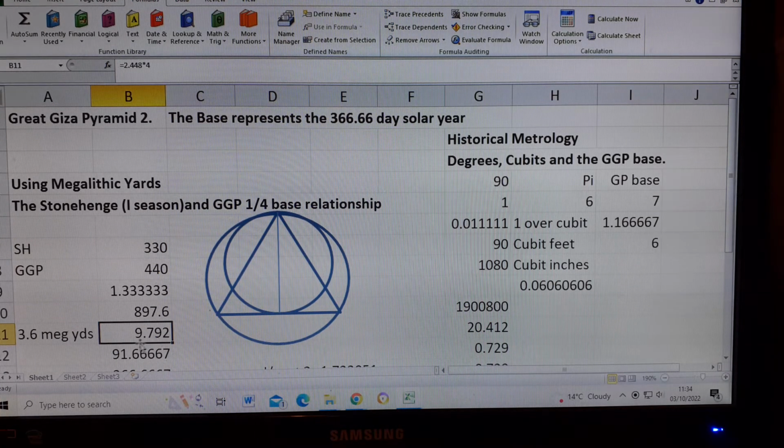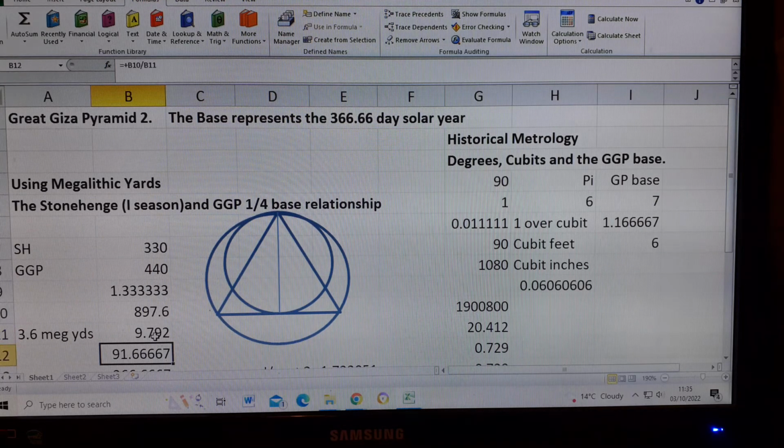And that's 9.792 feet. So let's just do that again. 3.6 times 2.72 is 9.792 feet.